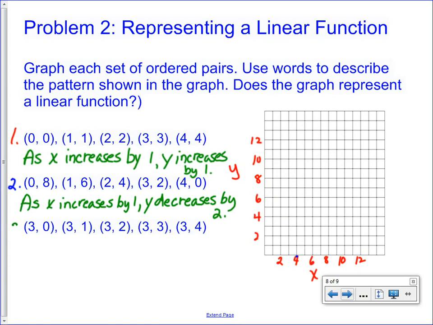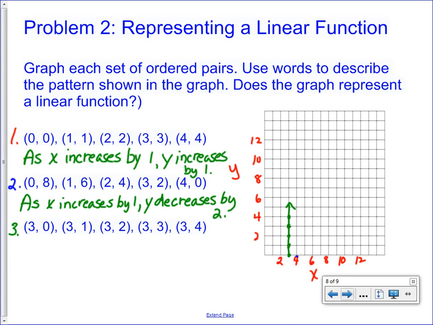Let's go to our third group, and we'll use green to graph it. We have 3, 0, 3, 1, 3, 2, 3, 3, 3, 4. So you can see these lie on a vertical line, and what we notice is x is always 3.